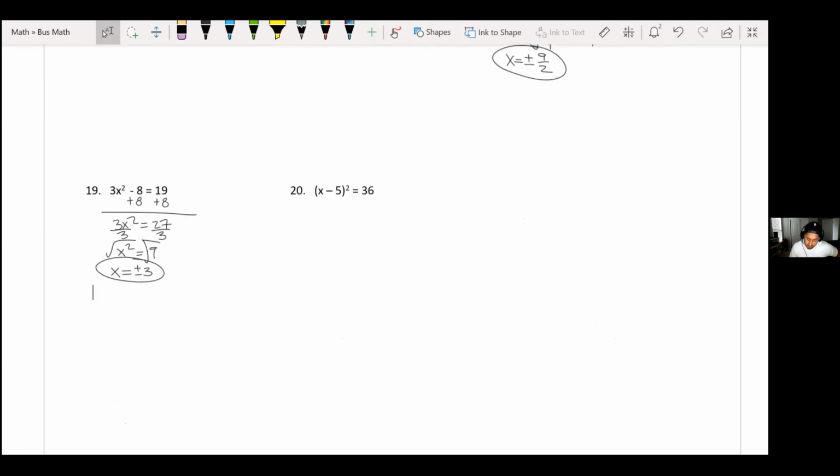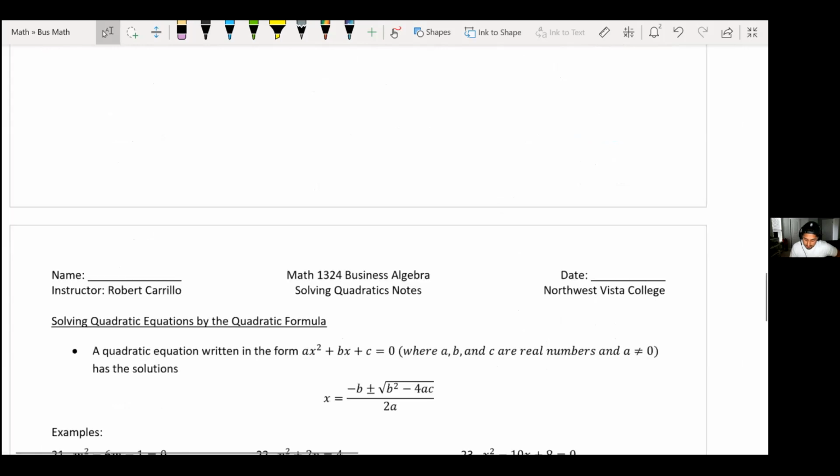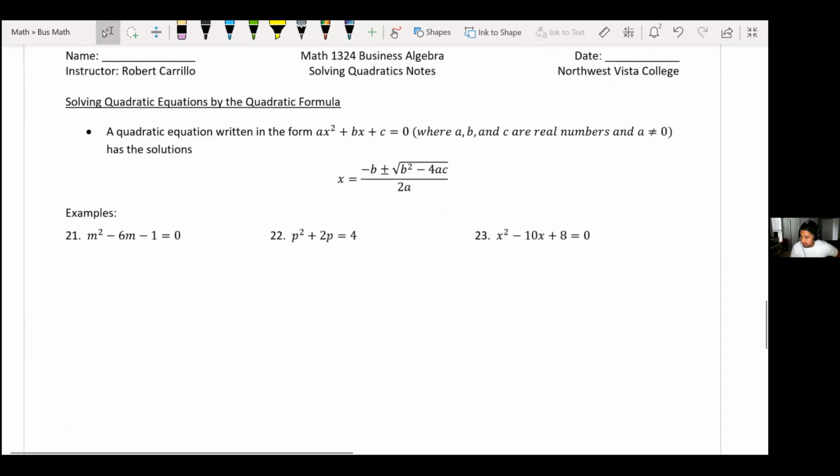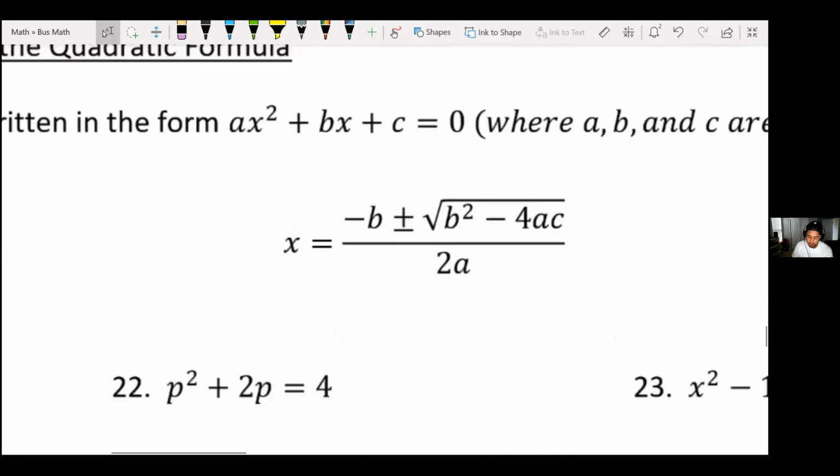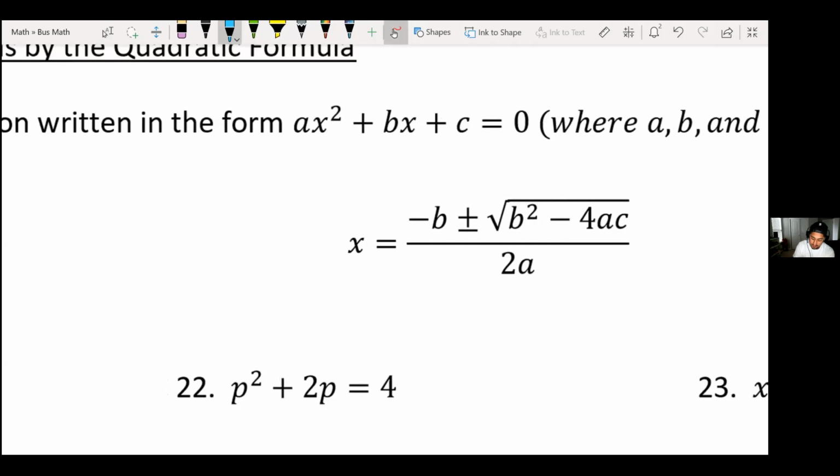All right. So let me see. Now we get into every business major's favorite formula, the quadratic formula, because all it is one big plug and play formula. This is the greatest thing ever. All you have to know to use this formula are what are the values of A, B, and C. If you know A, B, and C, then you can plug them into the formula below.